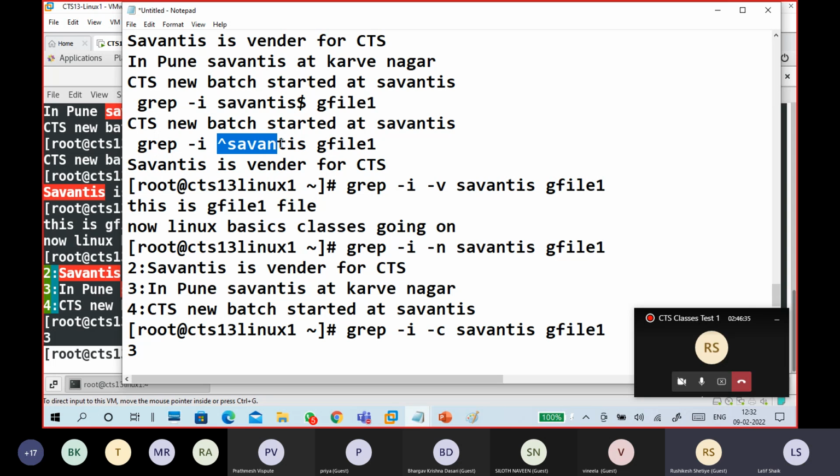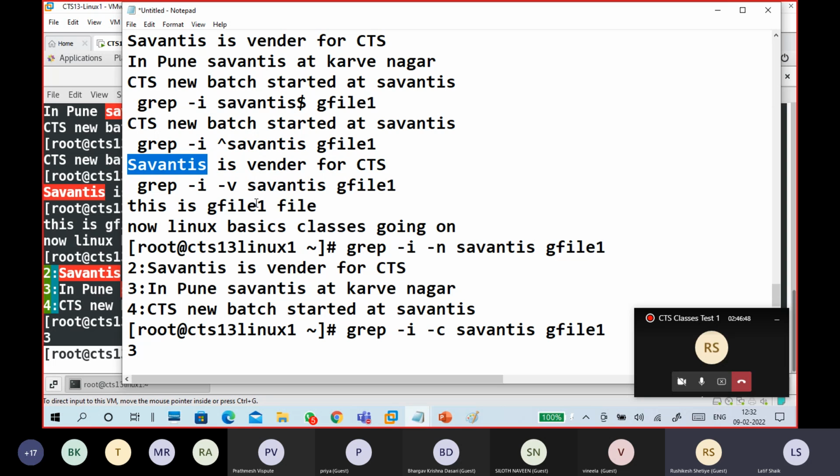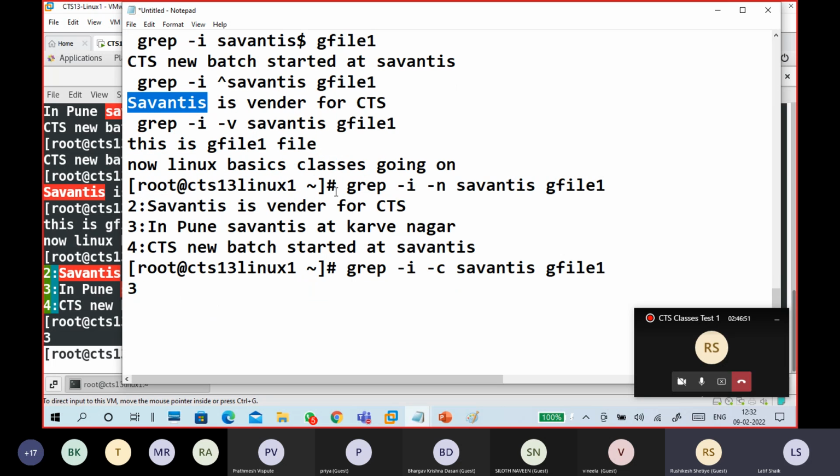And cap, the caret, and the keyword means display the lines that start with the keyword. If the keyword is at the start of the line, display those lines. Any word or any sentence you can use, just don't change the meaning. That's it. Only thing I want to say.